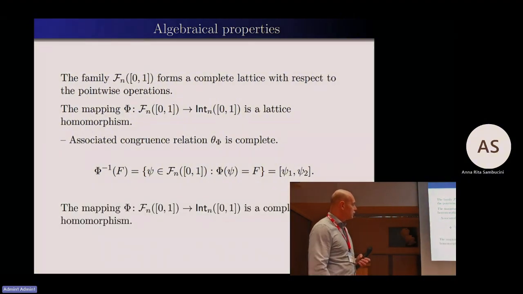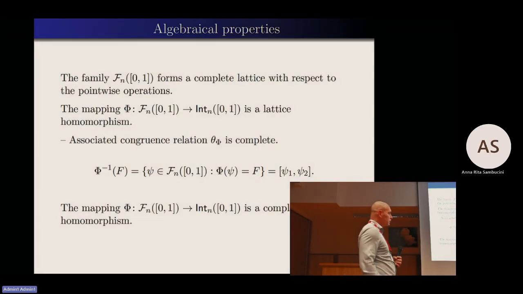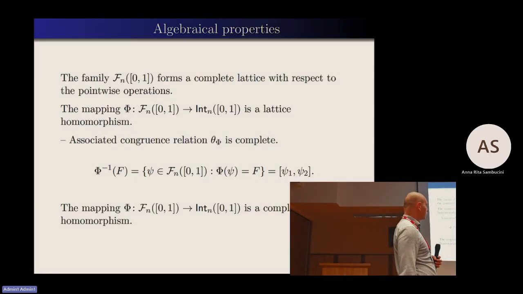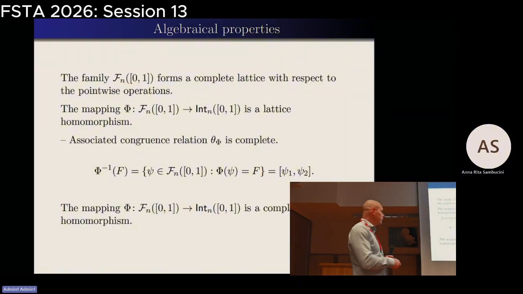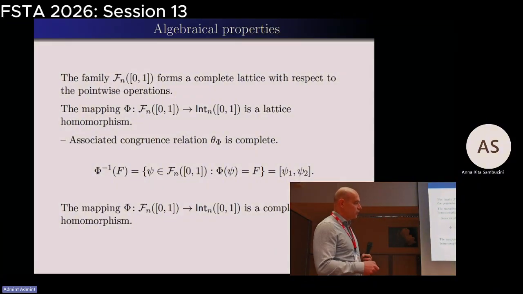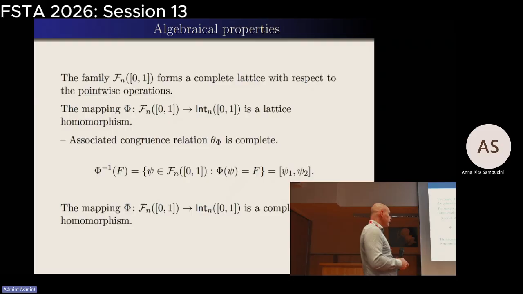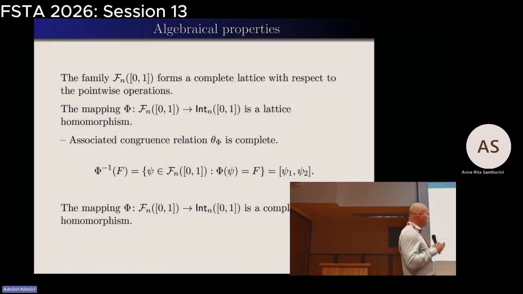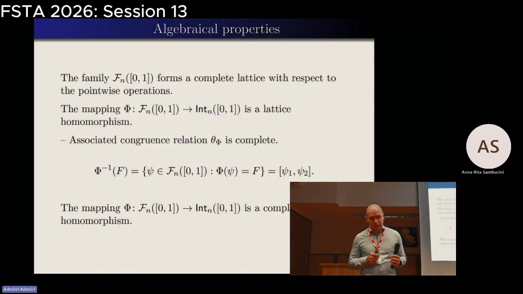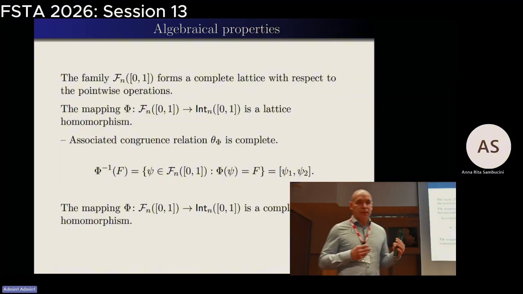And what is known is that complete congruences correspond to complete homomorphisms. So this mapping is in fact a complete homomorphism, which is maybe a little bit surprising because this representation involves standard arithmetic operations, and it also preserves the suprema.